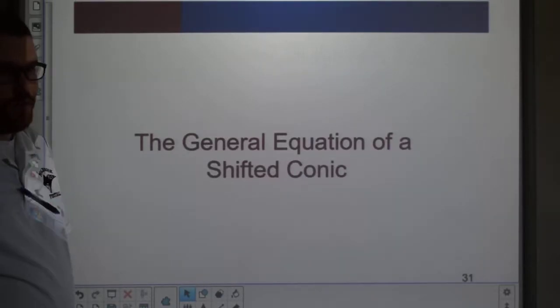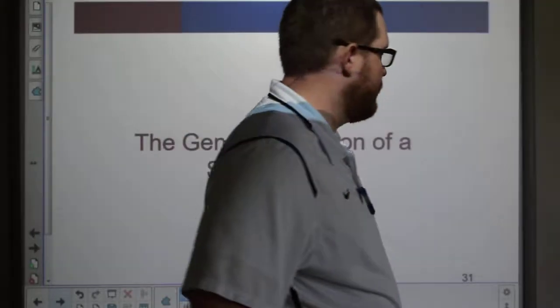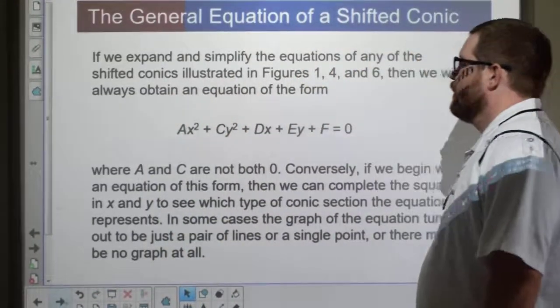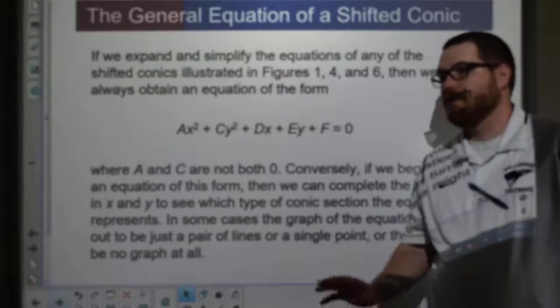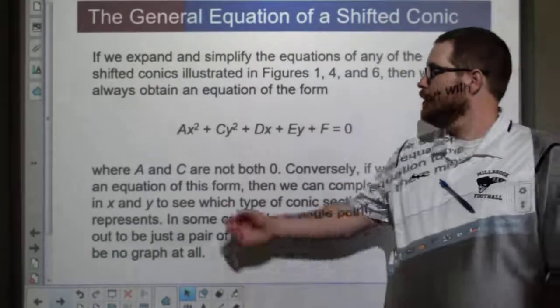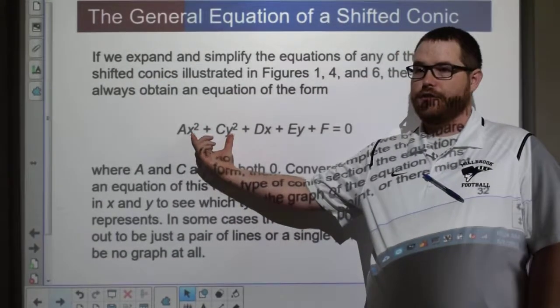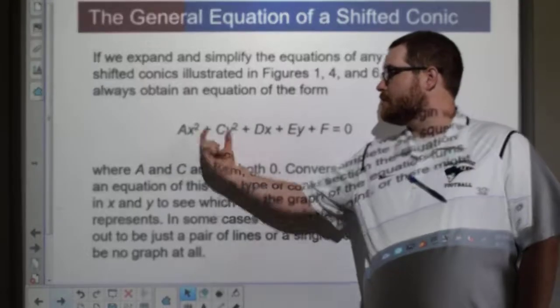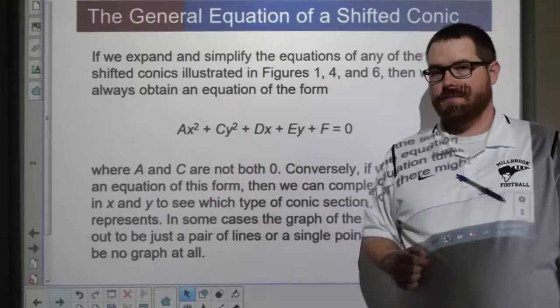What about general form? So this is where it gets a little bit complicated, as if it hasn't gotten complicated yet. Take a look at this. This is general form or standard form. The x squared and the y squared are first. If it's addition, it's going to be an ellipse. If it's subtraction, it's going to be a hyperbola.